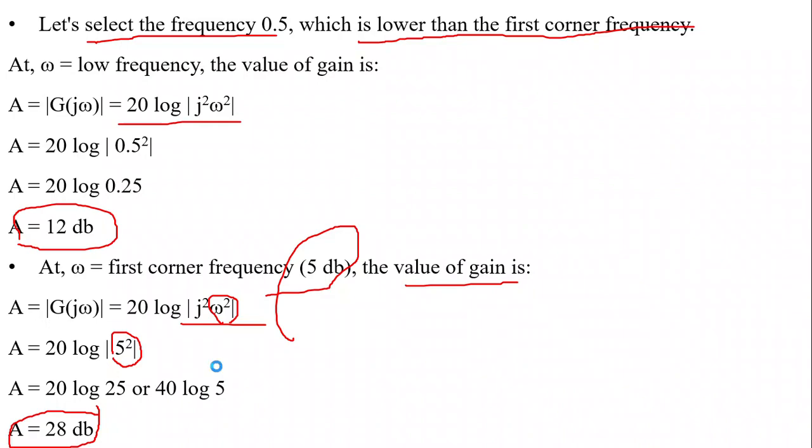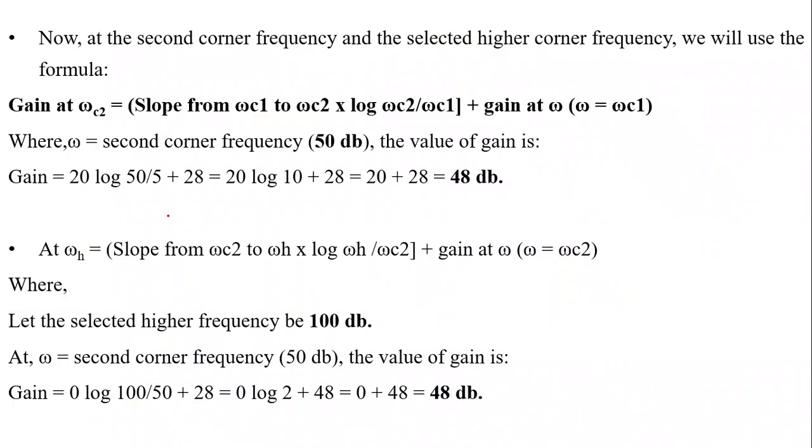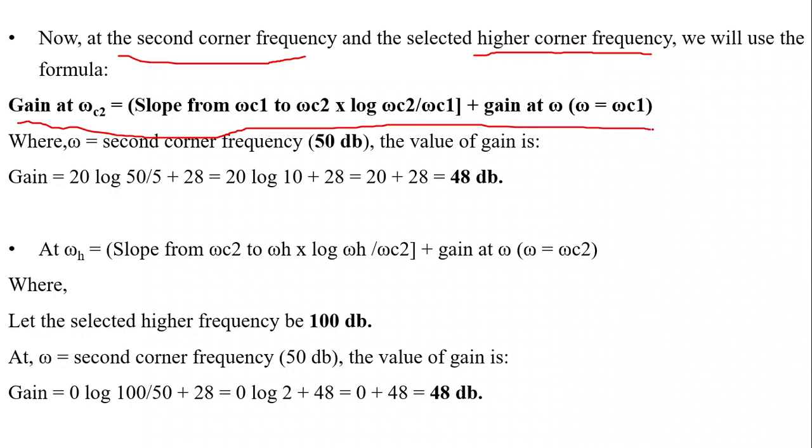And after that we have to find the gain at the second corner frequency, that is the higher corner frequency. For this we use the formula we already know from the procedure to draw the Bode plot.